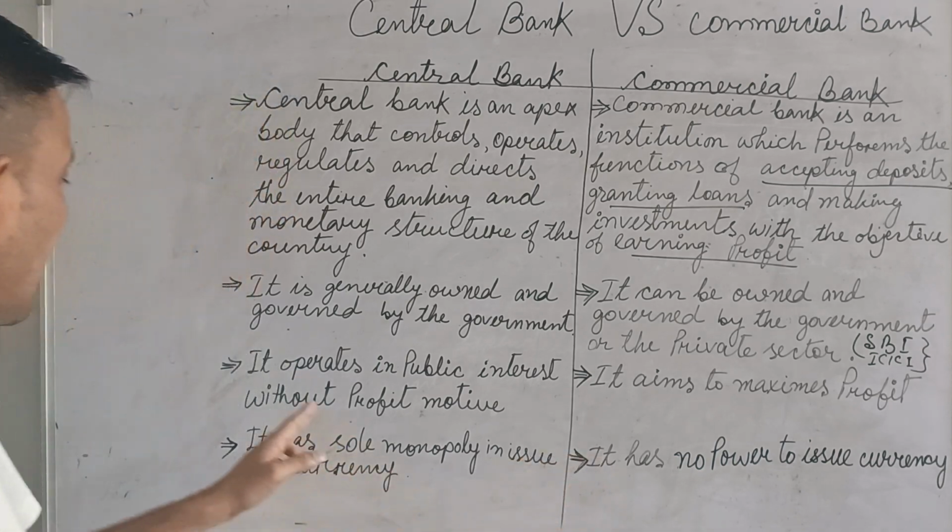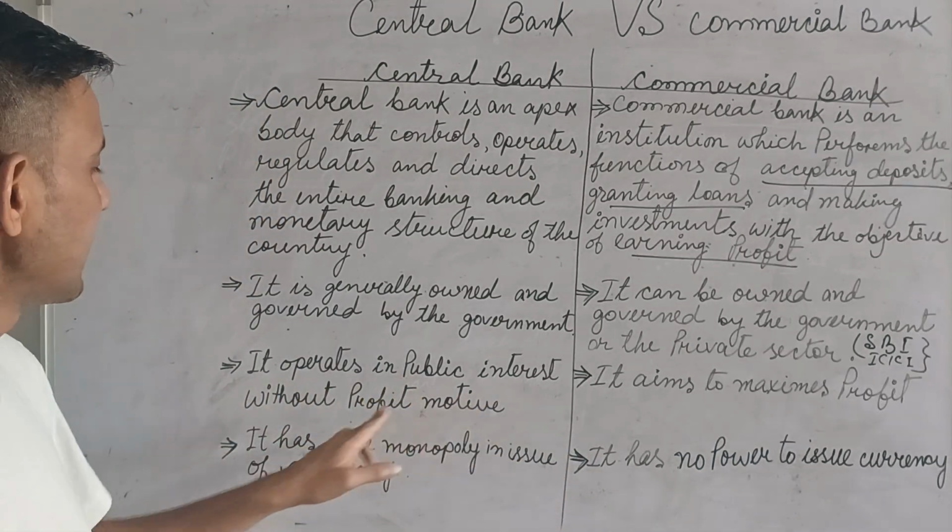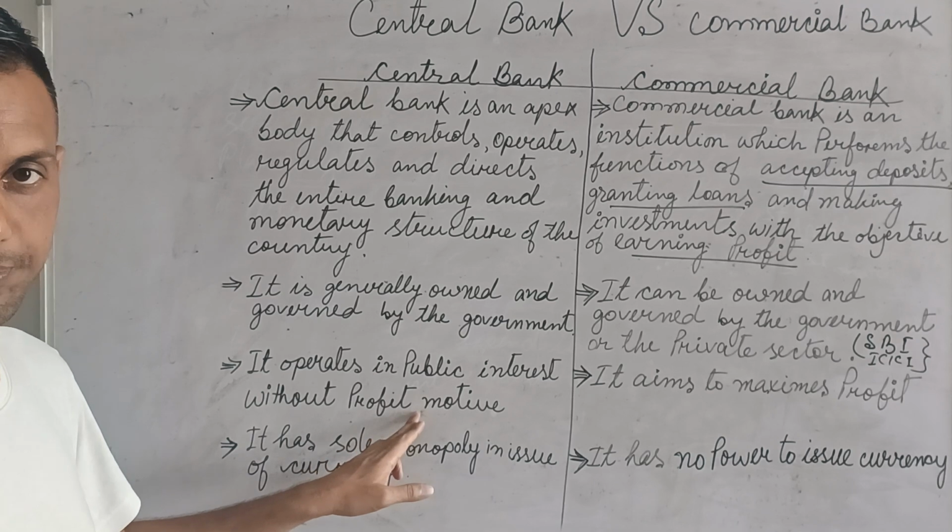Then the third point: the central bank operates in public interest without profit motive.